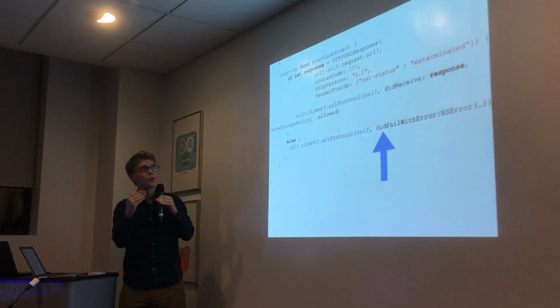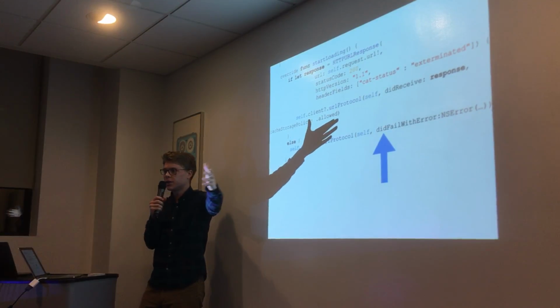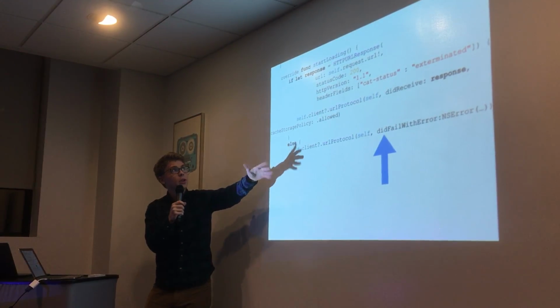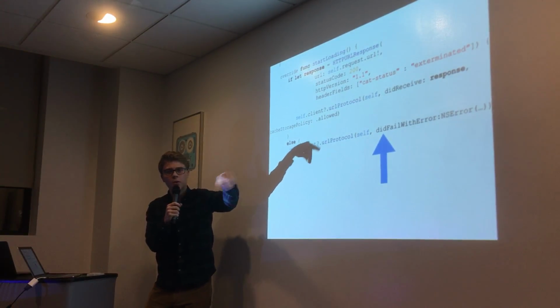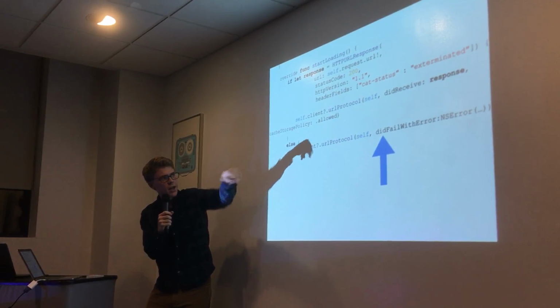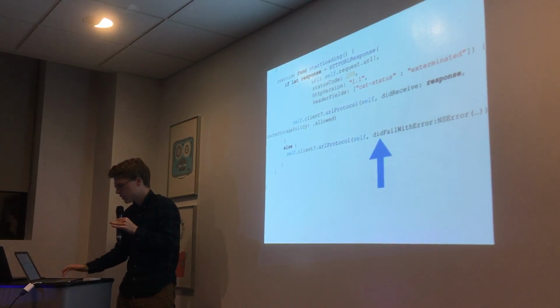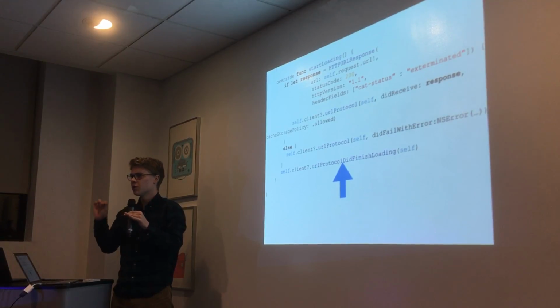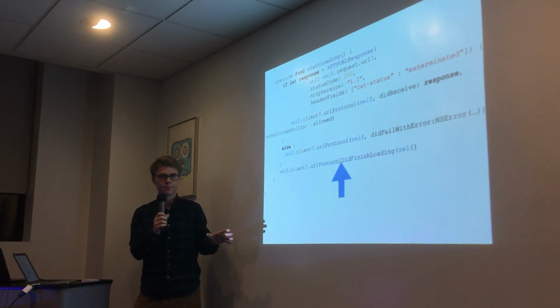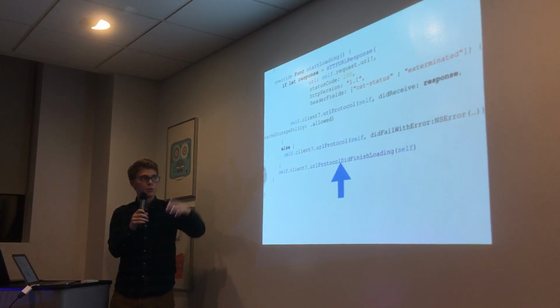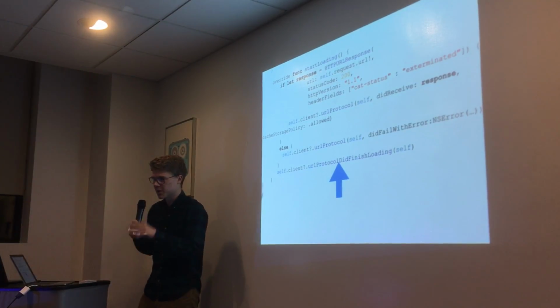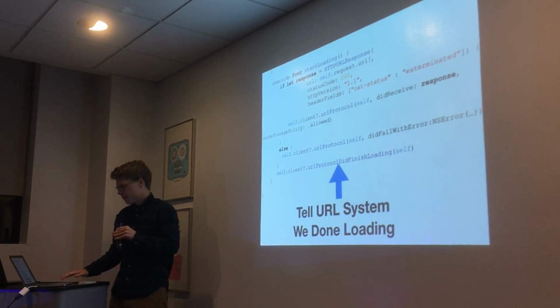If for whatever reason we don't have an HTTP URL response, in this case we always will, but if the network fails, we have to pass the error back in. Then, secondly, we have to tell the URL loading system that we are done loading. That is also very important. Missing that can lead to strange and obscure memory leaks and so on.